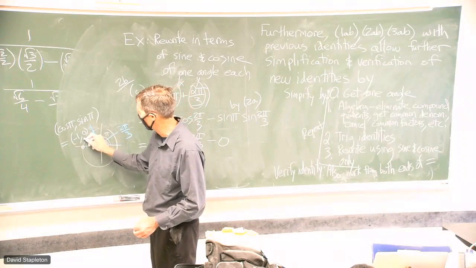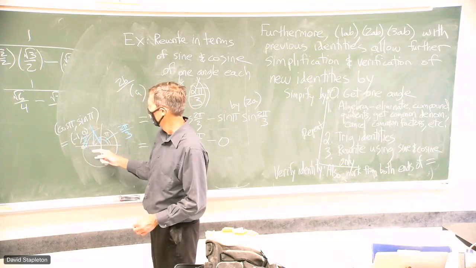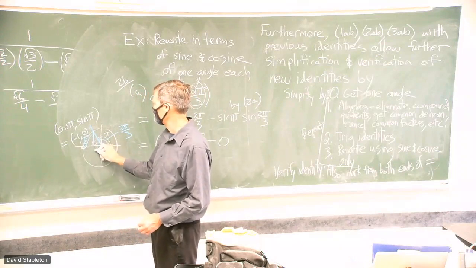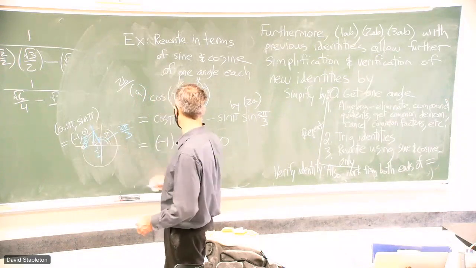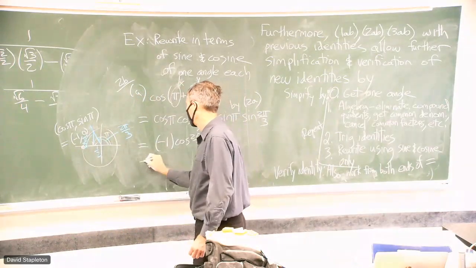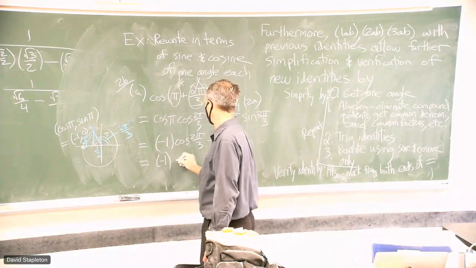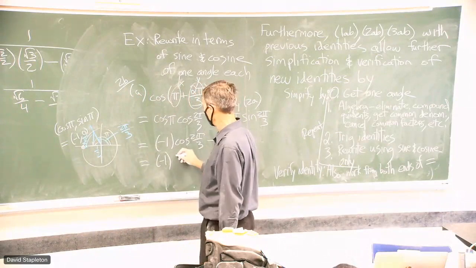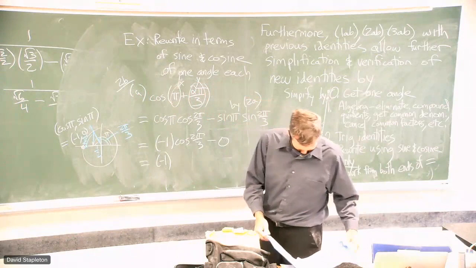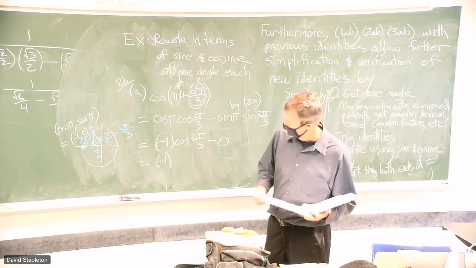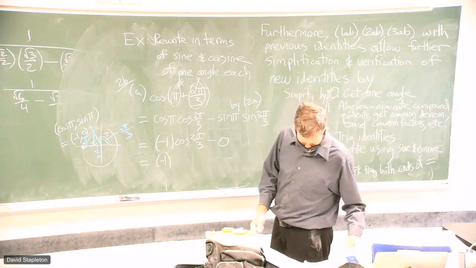This must be pi over 3, the special angle. That's 60 degrees, so this side is a half. Cosine is -1/2, so this is -1 times -1/2. Where's this wrong? Now let's put the x plus pi.